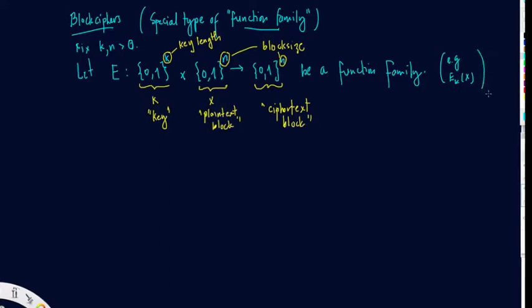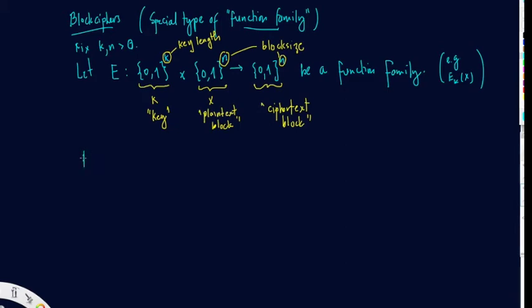So we haven't said anything yet about why this is a block cipher. All we've said is we've got some function family, and syntactically that just means that it takes a k-bit input and an n-bit input, and produces another n-bit output. What's special about block ciphers is the following property.